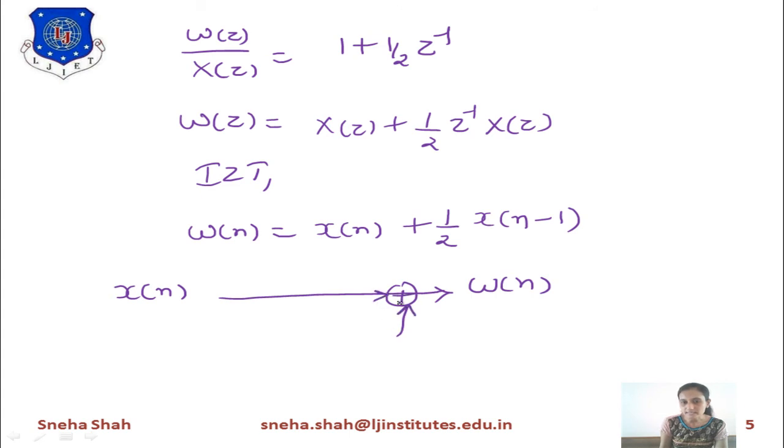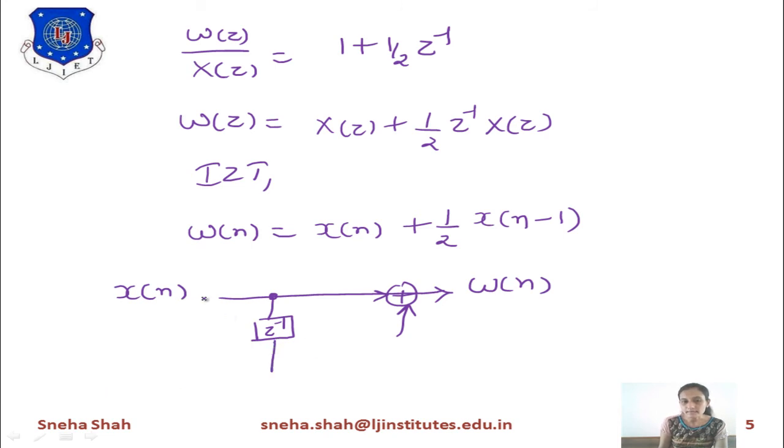Because of this addition of two parts, it will give you the answer W(n), right? Now we have to find X(n minus 1). What is X(n minus 1)? It is a delay by 1 unit. So from this point we will take a delay, and the delay will be represented like z raised to minus 1, right?